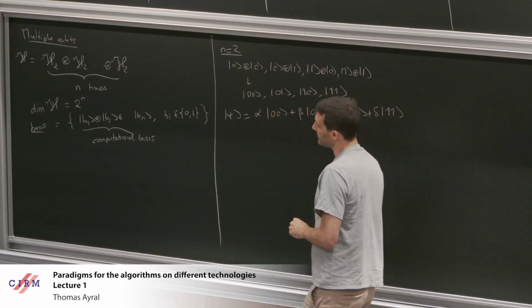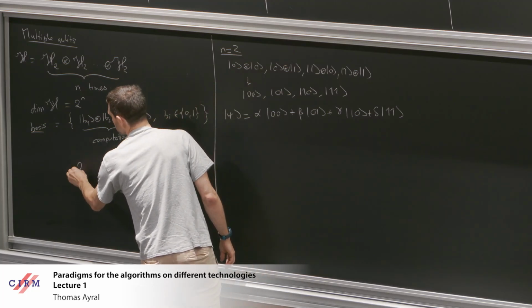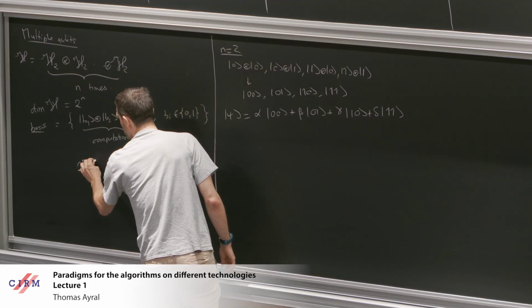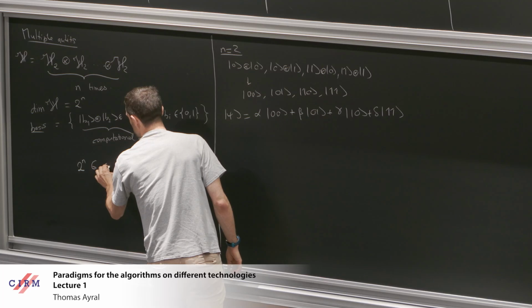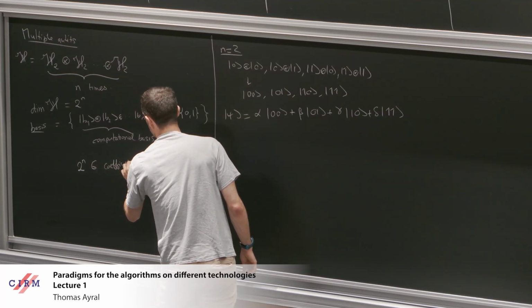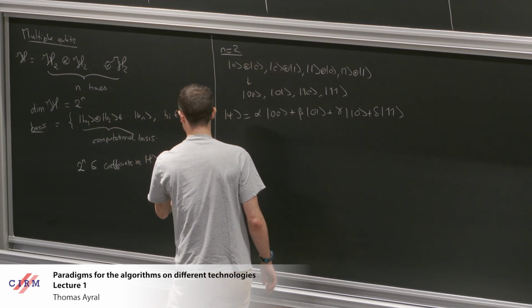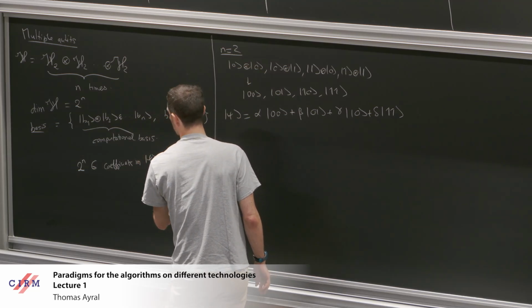And that's one of the reasons why people say that quantum computers are very efficient, is that you can store 2^n complex coefficients in a wave function on n qubits. So that's a lot of coefficients.